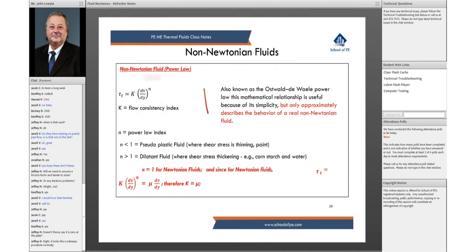Typically, there are no K or n factors in your handbook, so they would give them to you. Again, they would ask you the shear stress for paint or whatever, with n less than 1, and they would give you that. For Newtonian fluids, n is equal to 1, and it reverts back to the equations we just did.